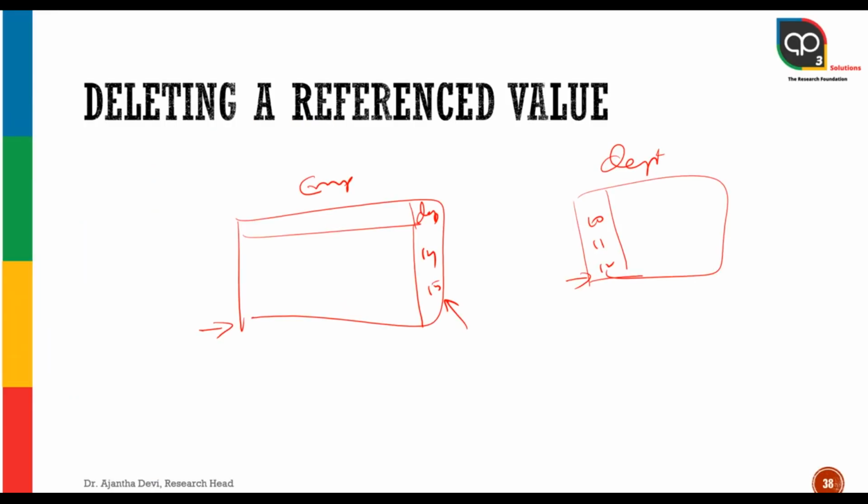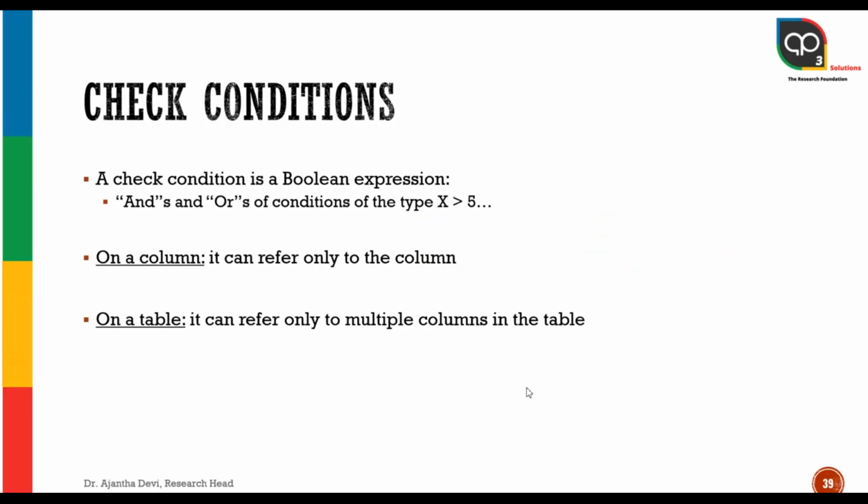Okay, so now let me move on to the next one, the check condition. Dear friends, here let's explore one of the most flexible and logical SQL constraints, that is the check constraint. A check constraint allows you to define a custom condition that data must meet before it can be inserted or updated in a column.